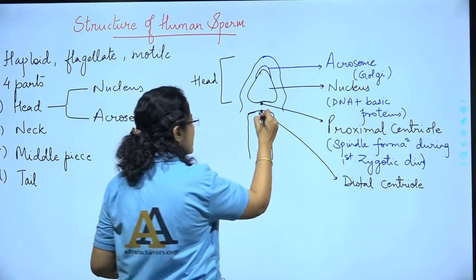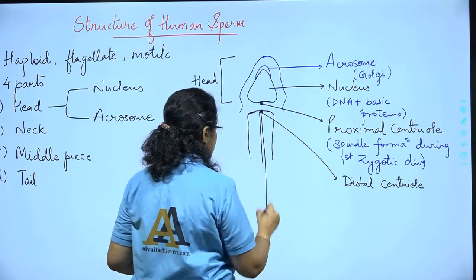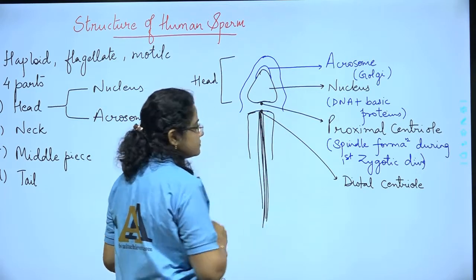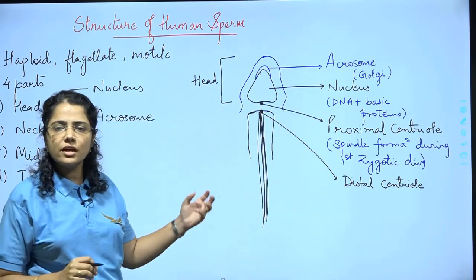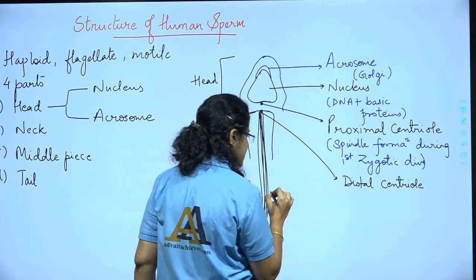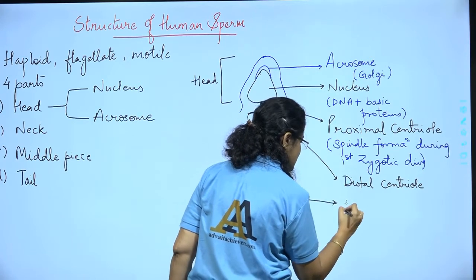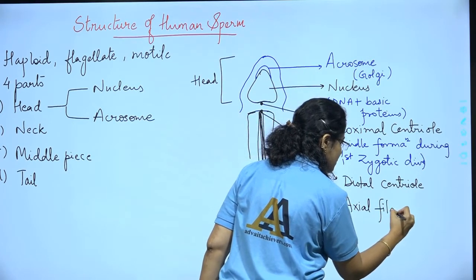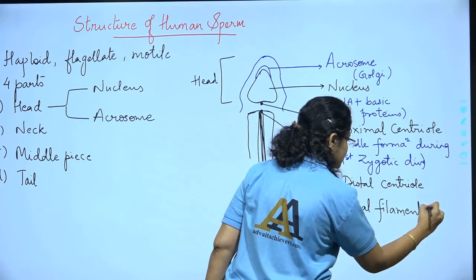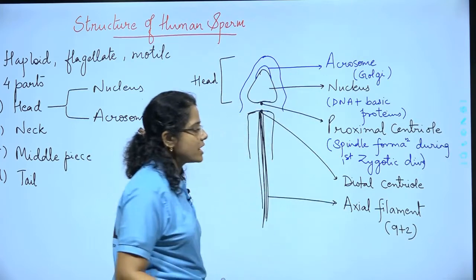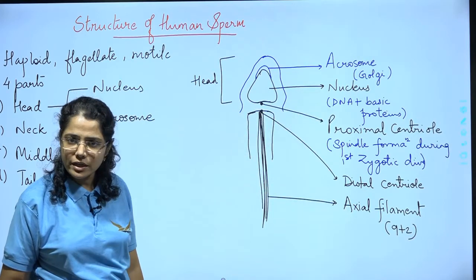So it gives rise to such filaments like this, which form this axial filament, having the 9+2 arrangement.